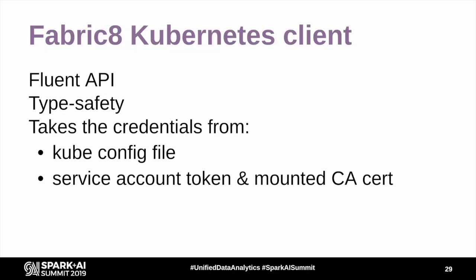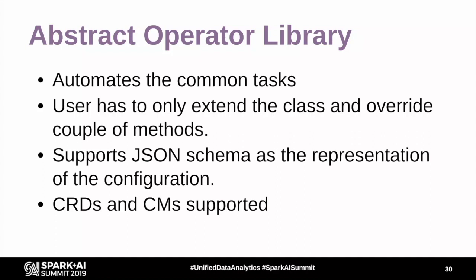It's pretty nice because it can figure out where it is running, and it takes the credentials from the proper destination. For instance, you can write the operator as a pure Java application with java -jar, and it will figure out that it should take the credentials from, I think, your home .kube directory. Or if it is running in a container environment, it will take them from the secret.